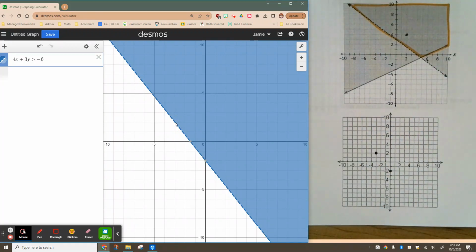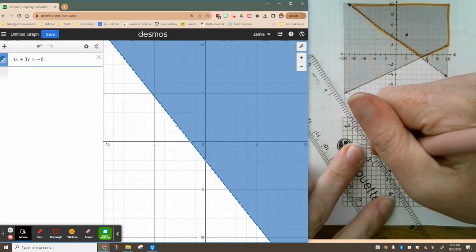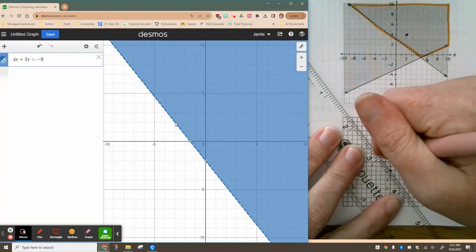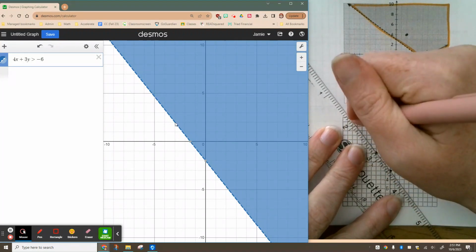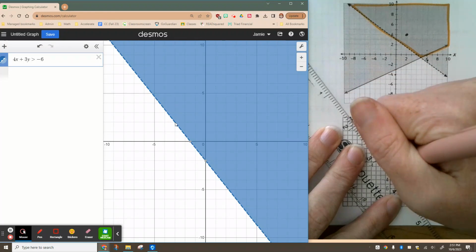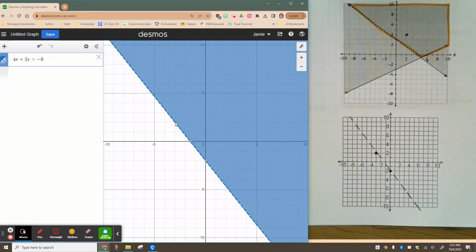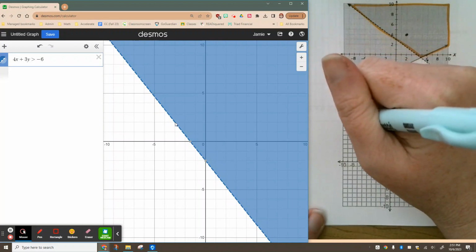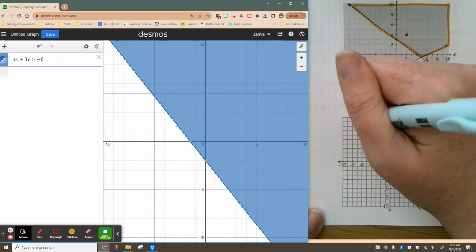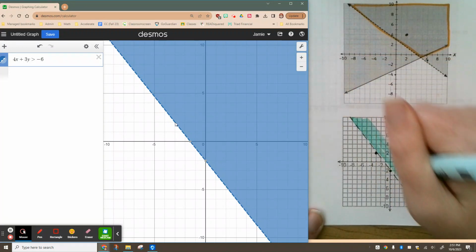Okay, I'm going to take my ruler. Maybe it's stuck under my keyboard. Let's see, and that should be an open line. And we're shading above, so I'm going to shade this area.